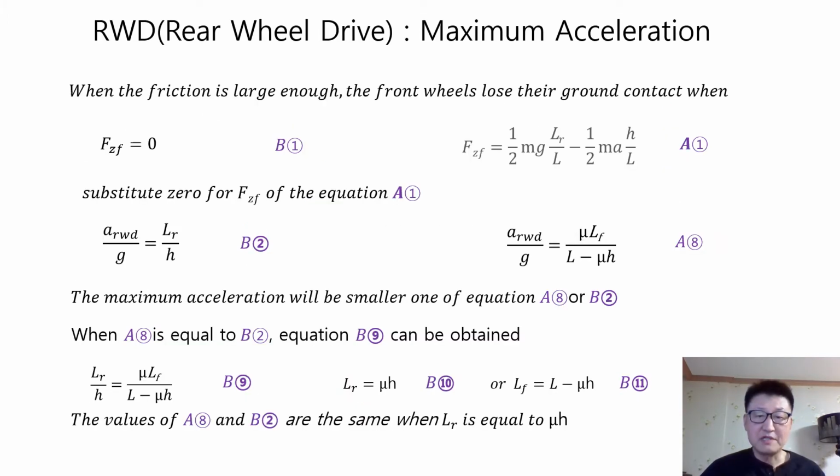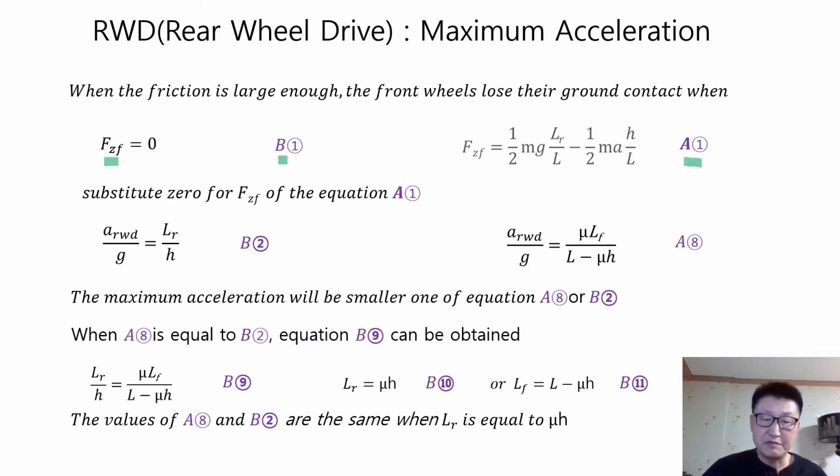When the friction is large enough, the front wheels lose their ground contact when F_ZF is equal to 0, which is equation B1. On the other hand, we have already obtained equation A1 in the previous explanation.